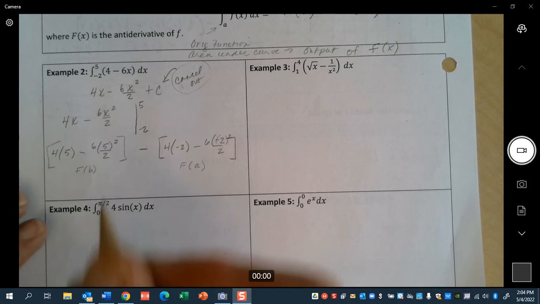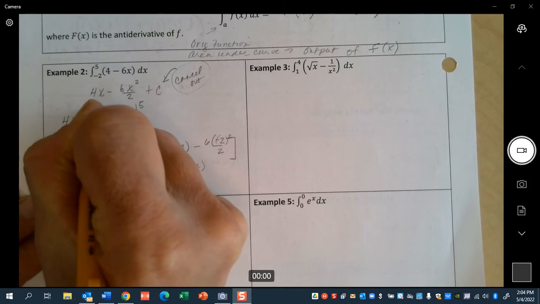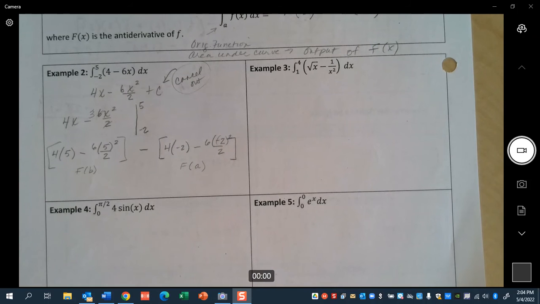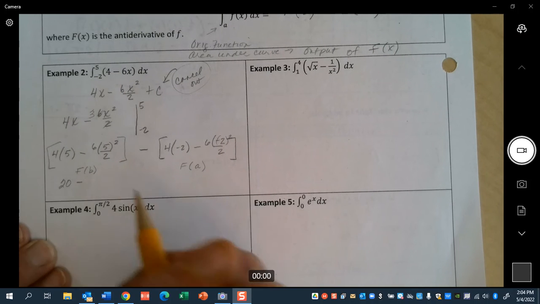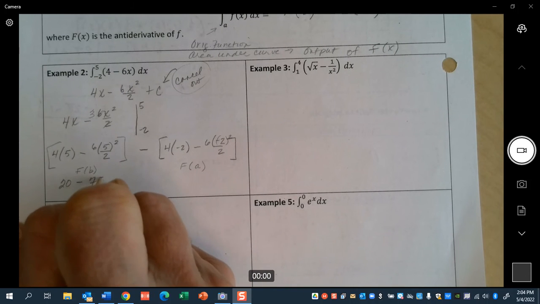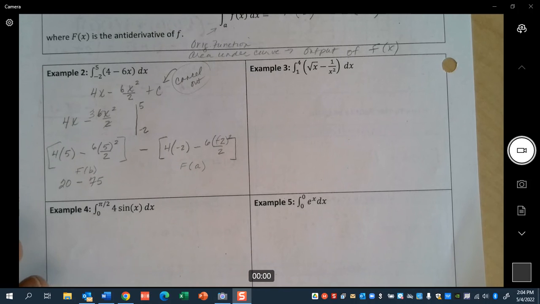Now, I gotta be honest with you, we probably should have simplified this and just called this 3x squared. That would have been easier. Don't worry about it. You'll make up for that here. Here's 20 minus, we okay with 75?